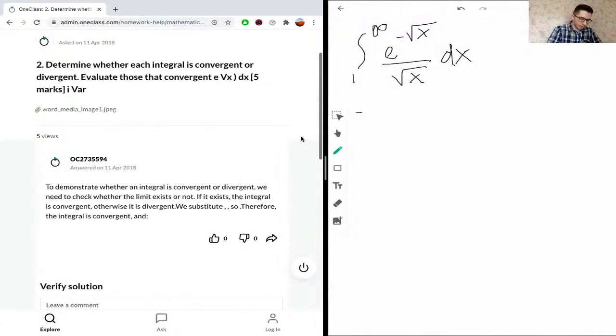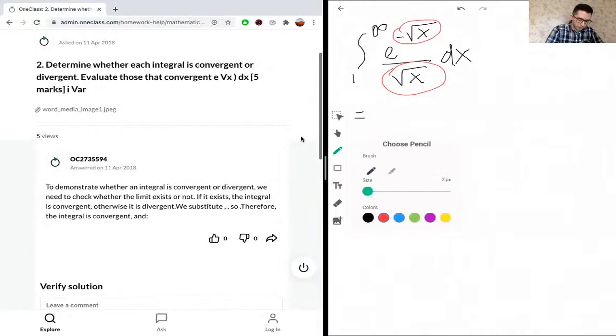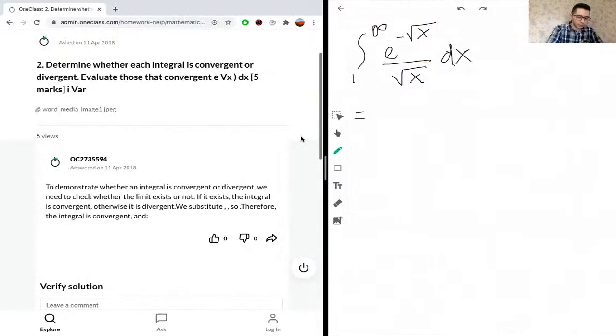So to evaluate this integral, we're going to use substitution. Here we can see that we have a square root x on the top, and we also have a negative square root x up here. So we're going to use that to substitute a value in order to better evaluate the integral.